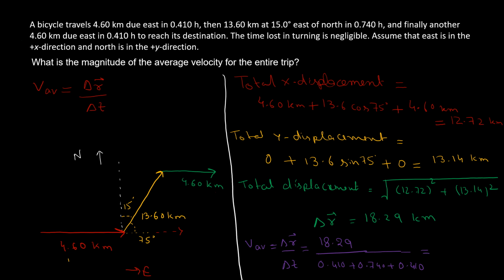When you calculate this whole thing, you will get 11.7 kilometers per hour as the average velocity for this entire trip.